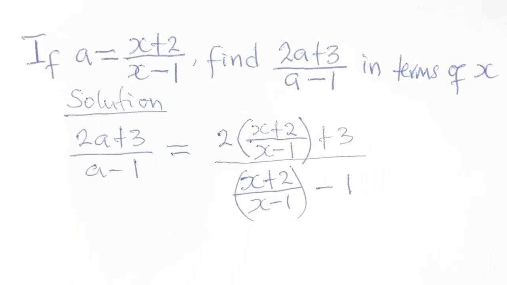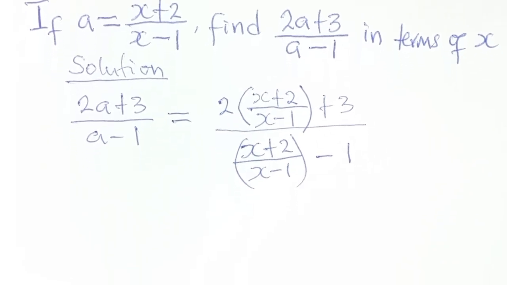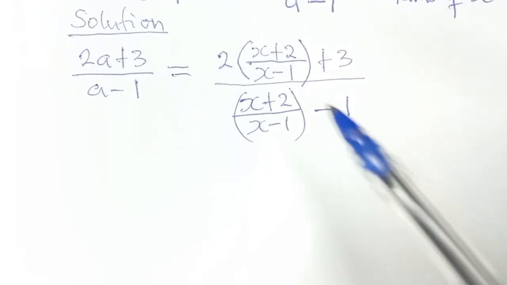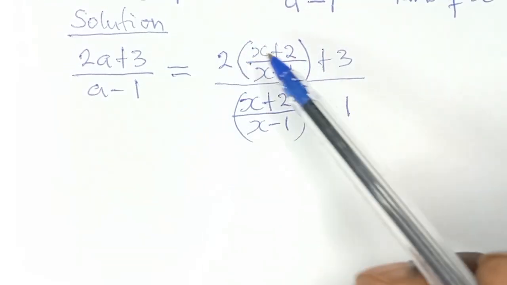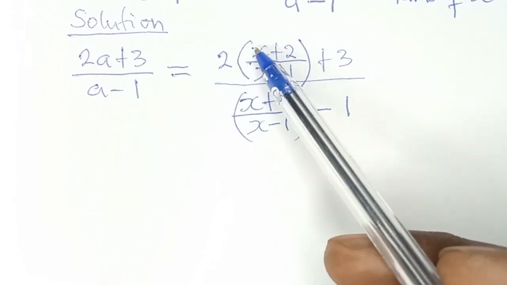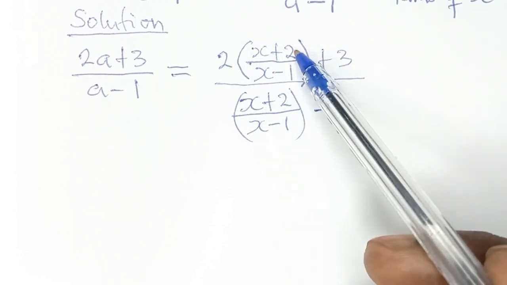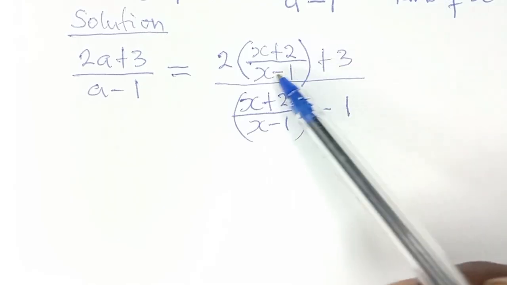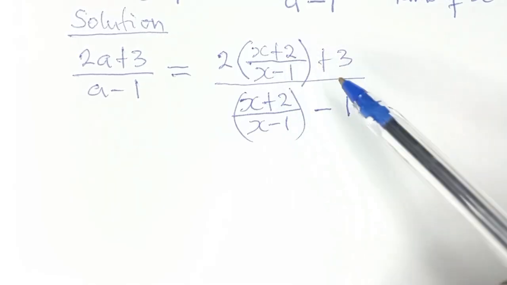The process of simplifying it is what we have to be careful about. Now, if you look at this, 2 is multiplying this, so we can use this 2 to multiply this numerator here. And then we take this x − 1 as the LCM of these two terms.